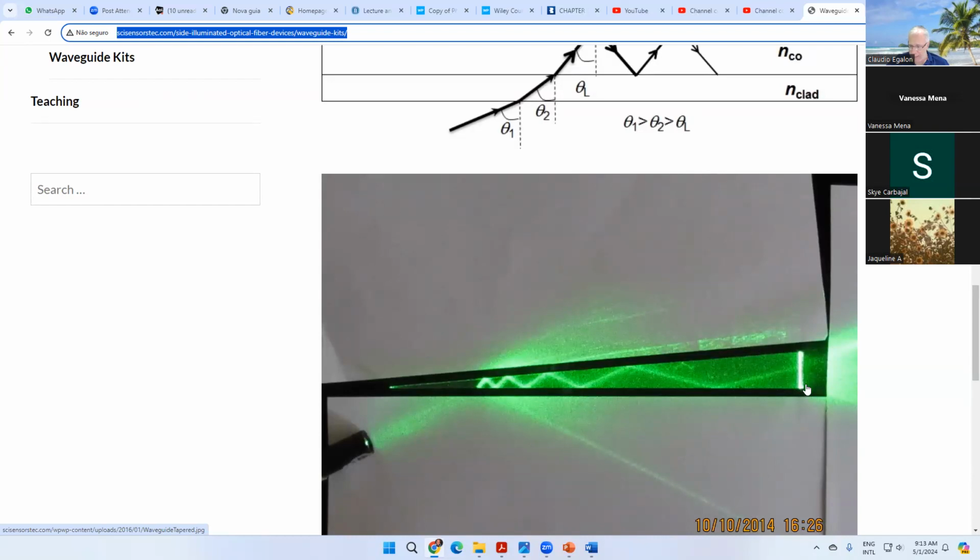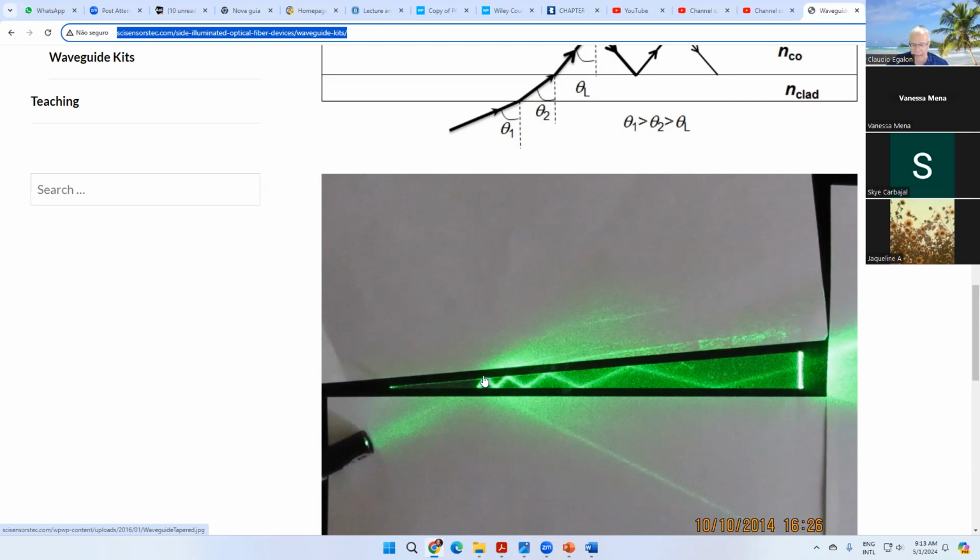What you see right here is actually a patent of mine, okay? Nobody figured that out before. Although the concept is so simple, nobody thought that there would be practical applications for what you're seeing right here. So we have the light incident at this interface.